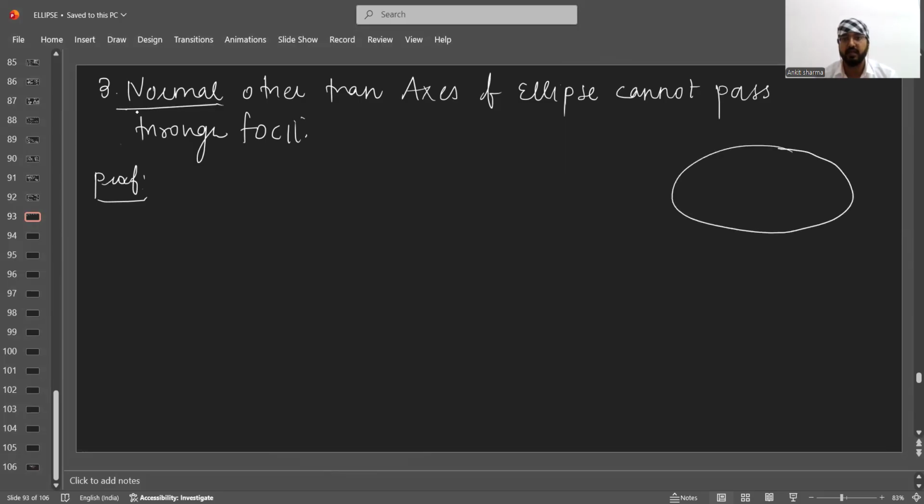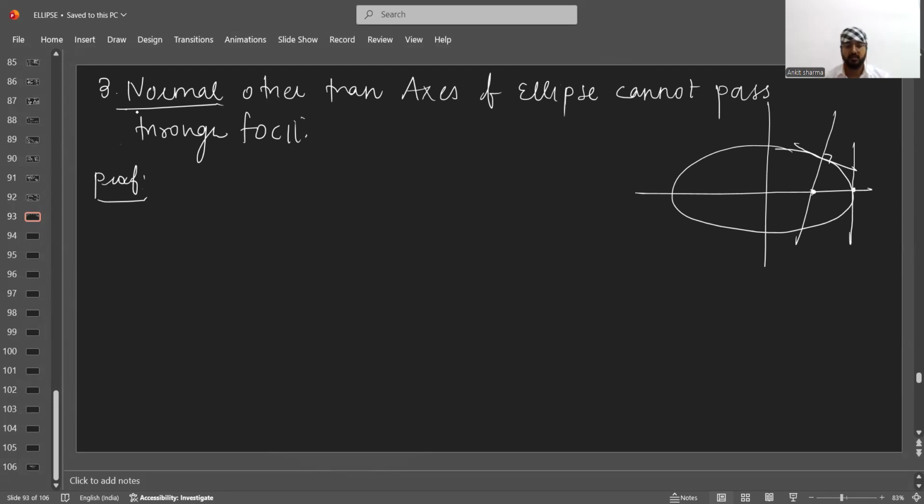Because if I draw the tangent at the end point of the major axis, then this is the only normal which will pass through the focus of the ellipse. Now, I have to prove that there is no normal which passes through the focus of the ellipse, whether this one or this one, it does not matter.